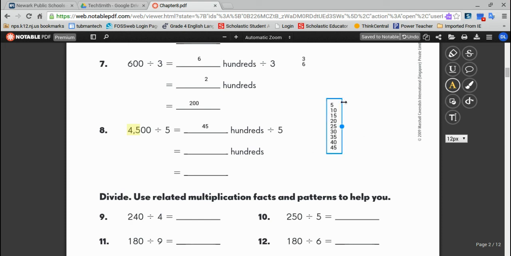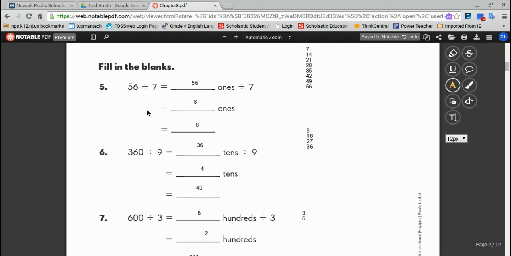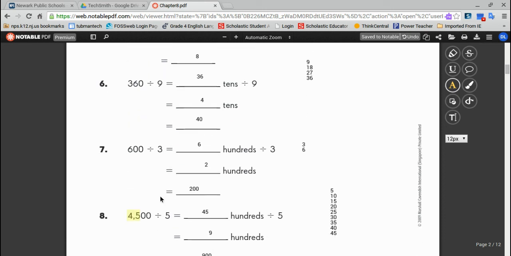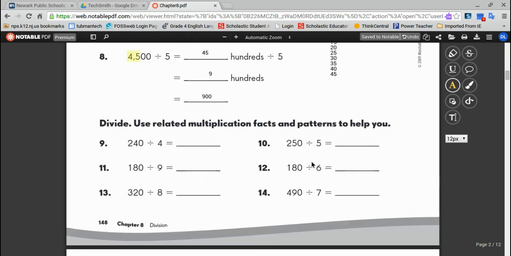So 45 divided by 5 is 1, 2, 3, 4, 5, 6, 7, 8, 9. So 45 divided by 5 is 9. So 45 hundreds divided by 5 is just 9 hundreds. And when we write down 900, we want to add those two zeros back in there. So 900 is 9 with two zeros. So 4,500 divided by 5 is 900. And that's what we did on number 6, 7, and 8. And I hope you kind of got that pattern over there.